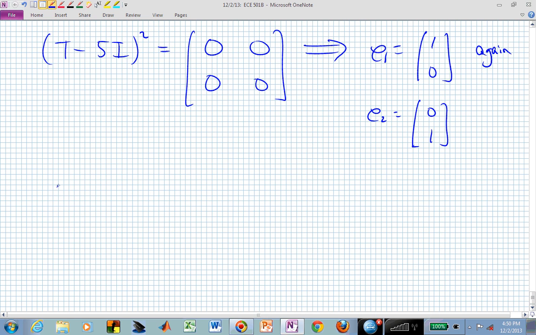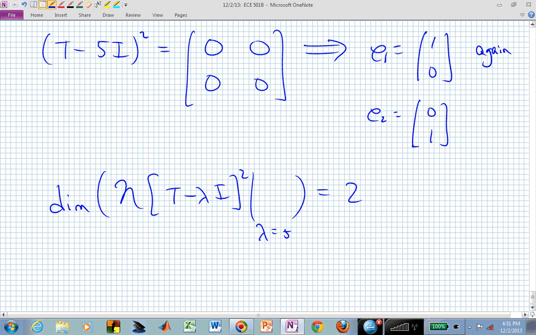Meaning, if we look at the dimension of this null space of T minus lambda I squared with lambda equal to 5, that's equal to 2, with lambda equal to its eigenvalue. And that particular null space is spanned by those two vectors, E1 and E2.